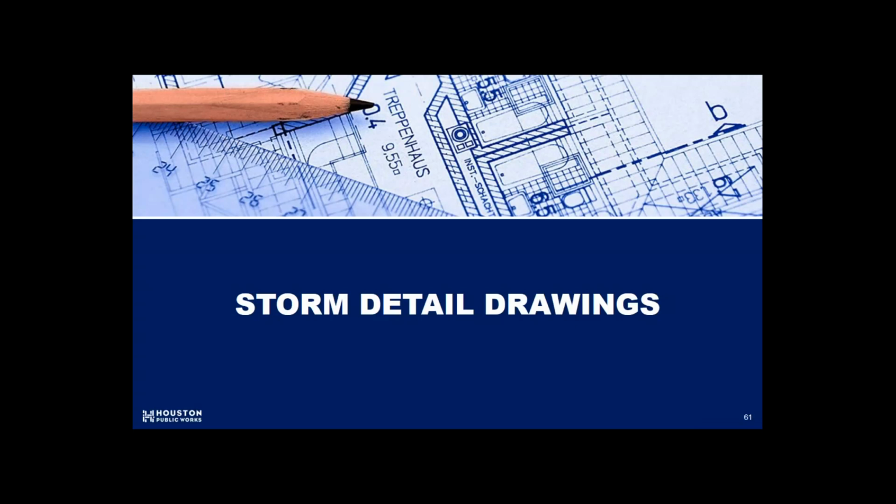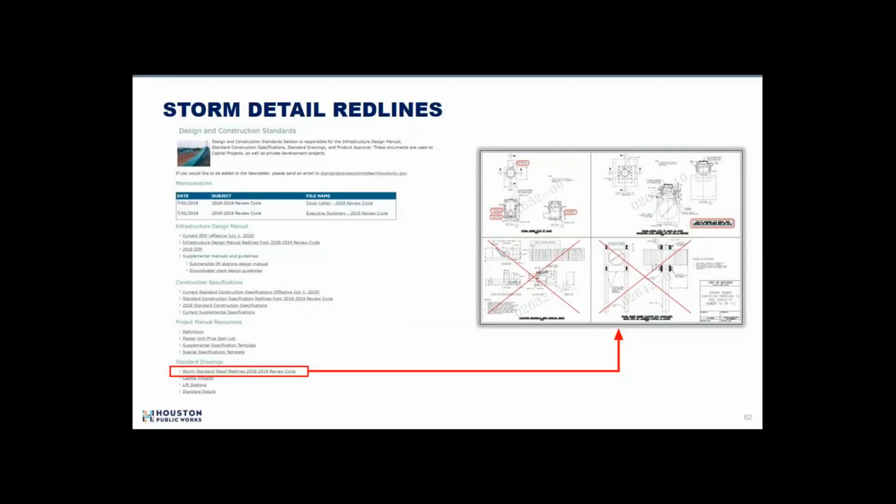The City of Houston storm detail drawings were also revised based on comments from internal and external users. So next I'm going to discuss those revisions to the drawings. Also, if you would like to see exactly what was changed on the details, once again, you can check out the City of Houston Design and Construction Standards website.